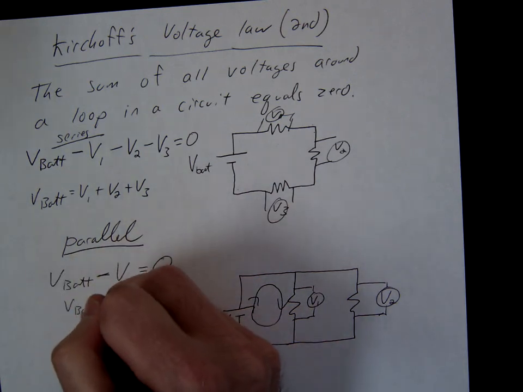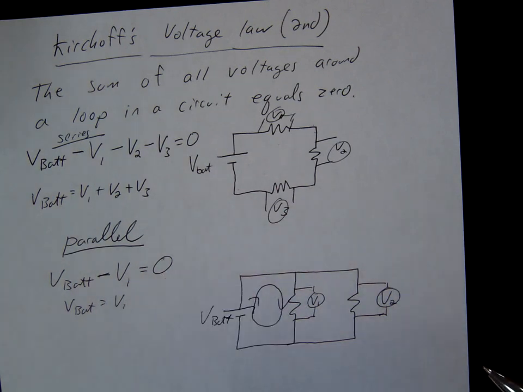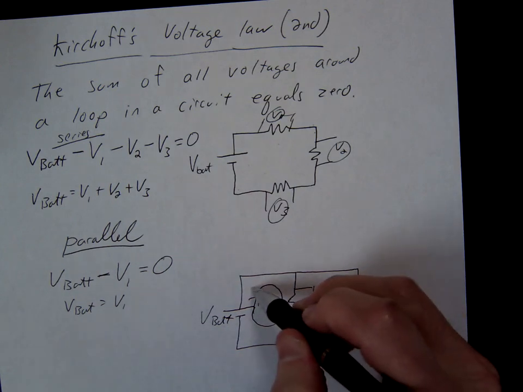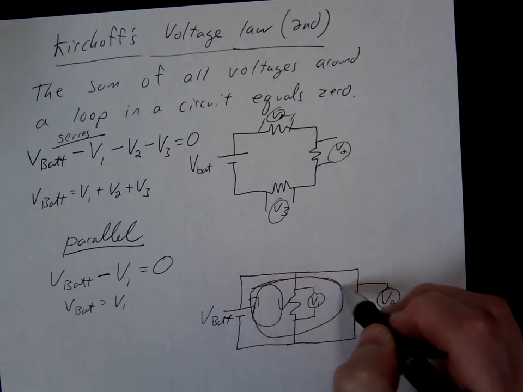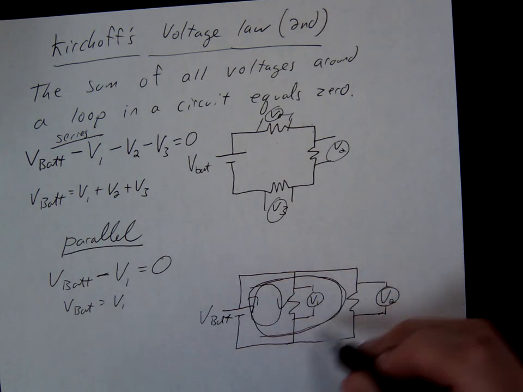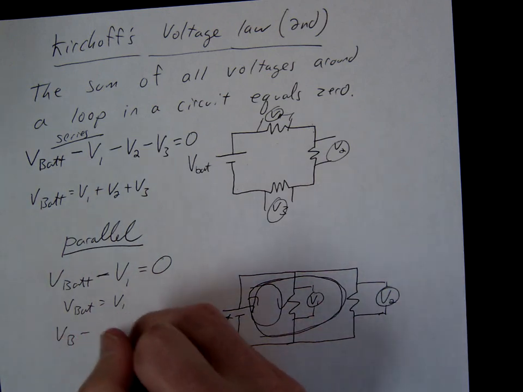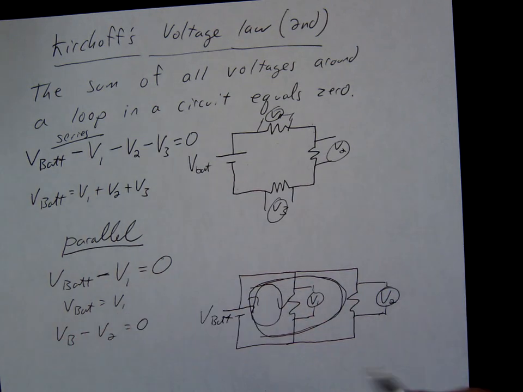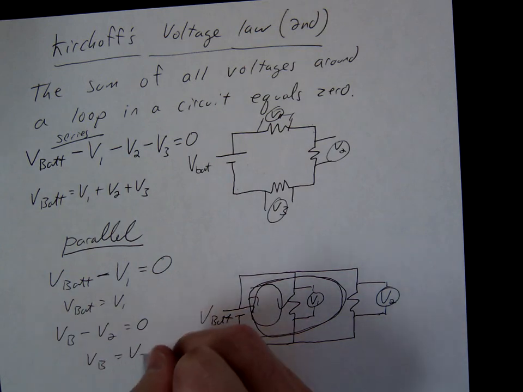V battery should equal V1. And you could do this with any loops that you wanted to draw. For example, we could do it with this big loop, like this. And in this big loop, what would we end up with? V battery minus V2 equals 0. So V battery equals V2.